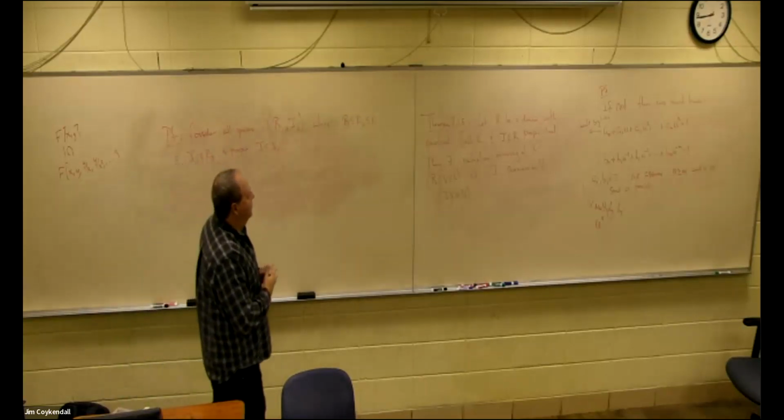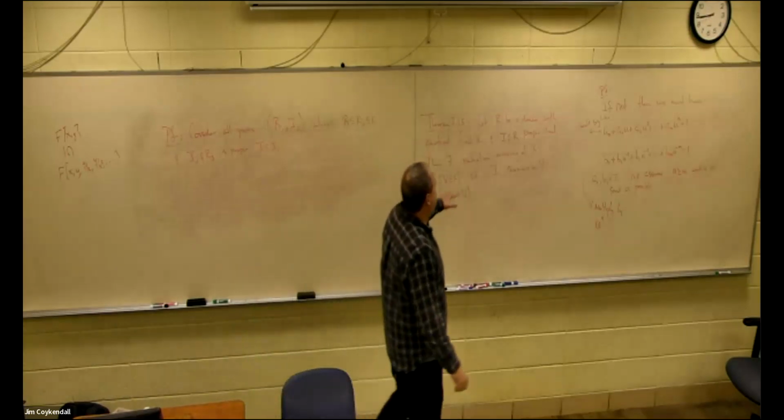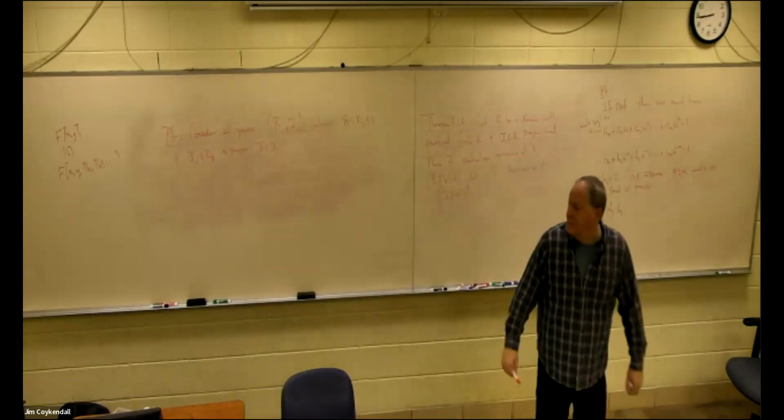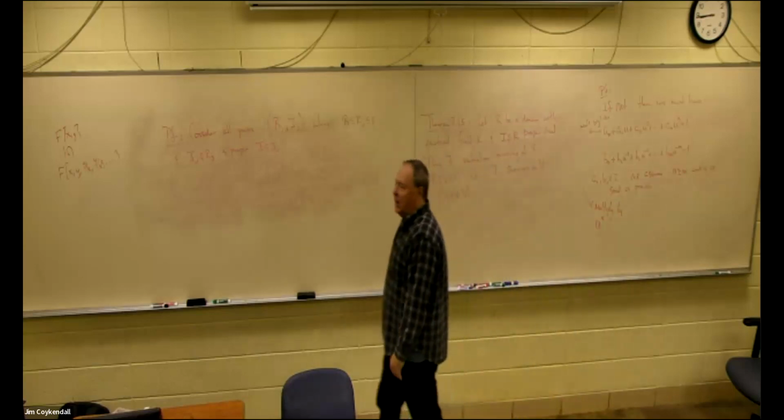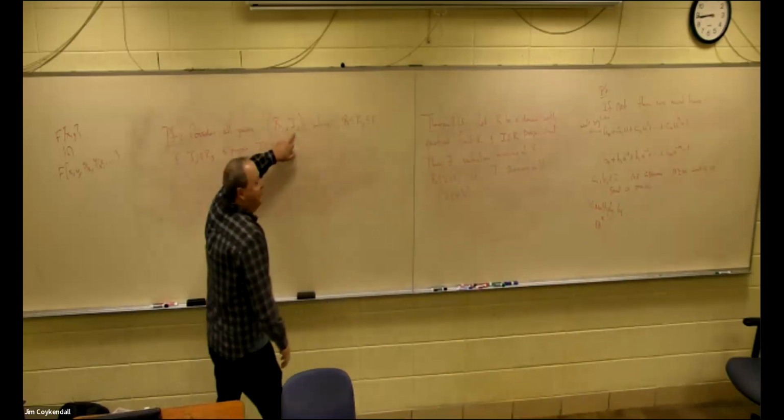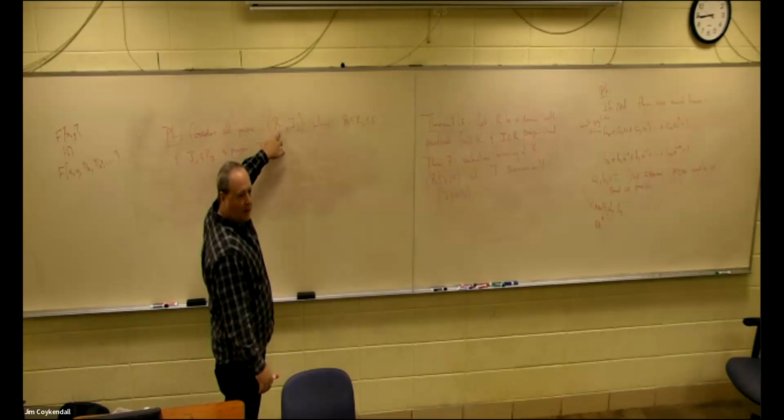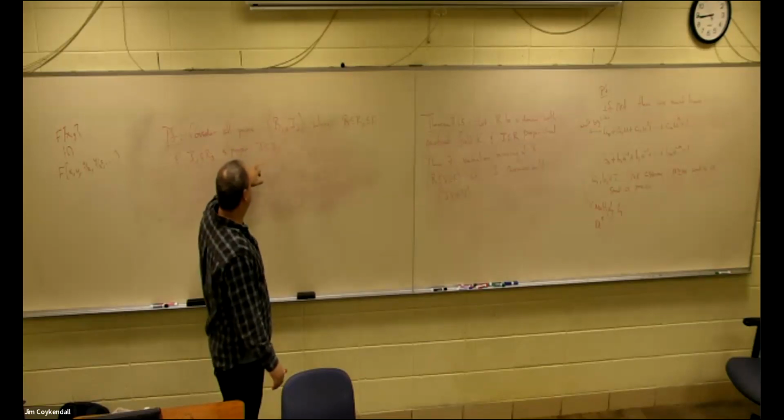So starting with my given proper ideal I of R, I'm going to look at all pairs Rj, Ij, where this is a ring containing R, and this is a proper ideal of Rj that contains the ideal I.